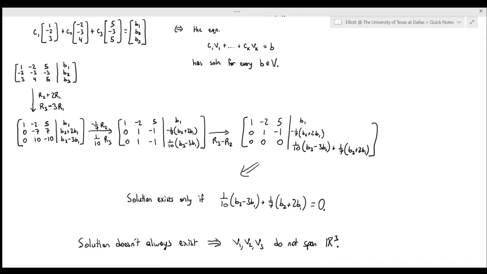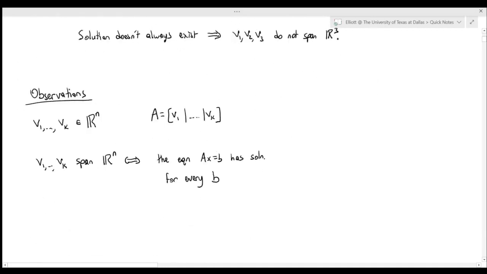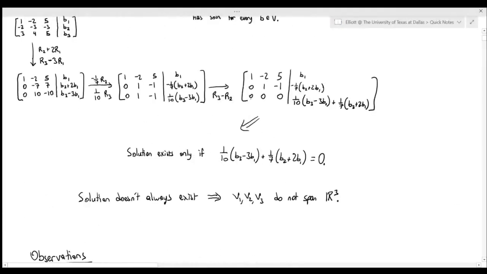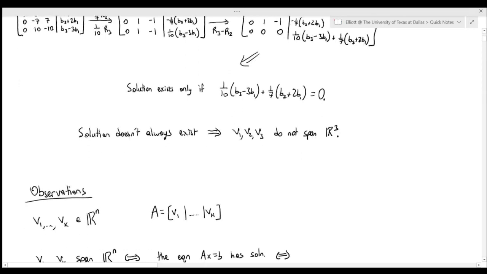And the reason why that's happening is in particular because we ended up getting this row of zeros here. So in order for there to have been a solution, no matter what B was, you could not have a row of zeros if there were to be a solution for every B.